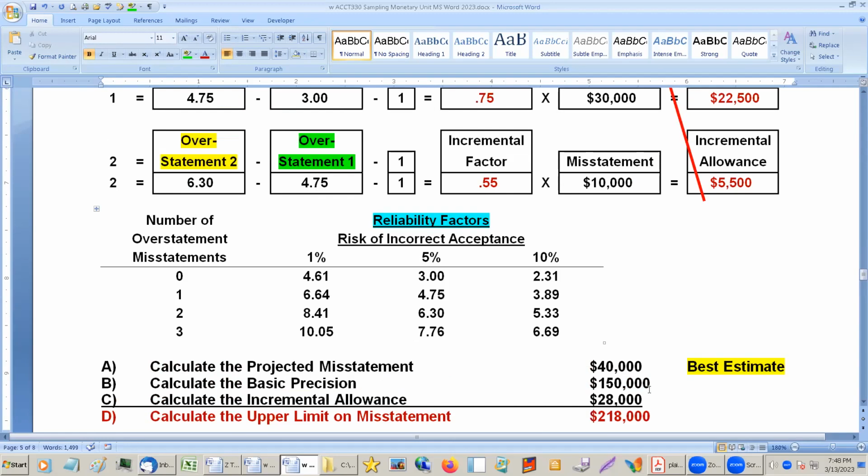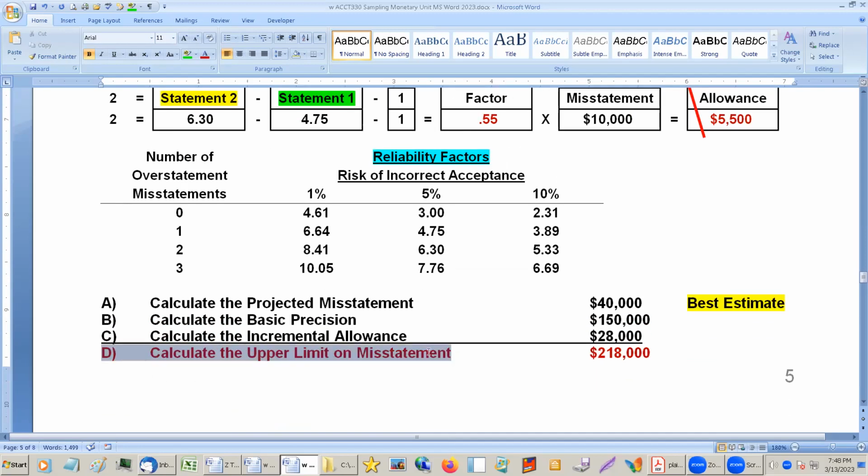But we should talk about the same number. Our best estimate is that it's off by 40,000. So this is our best estimate. However, because this is a sample, it could be off by as much as 218,000. So this is what we would use to determine whether this is materially misstated or not.